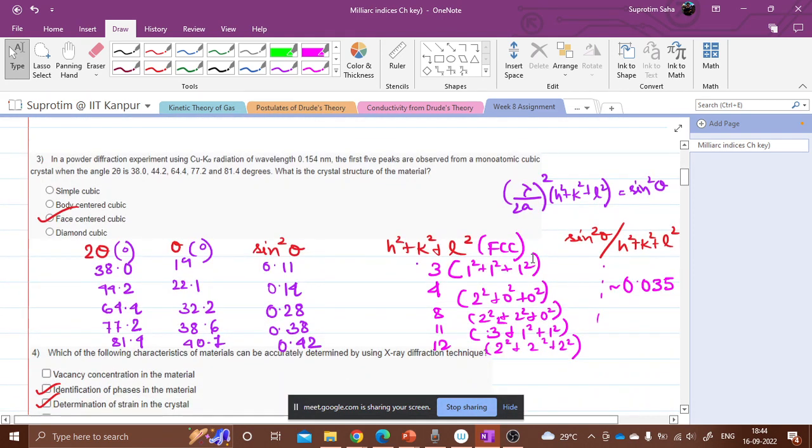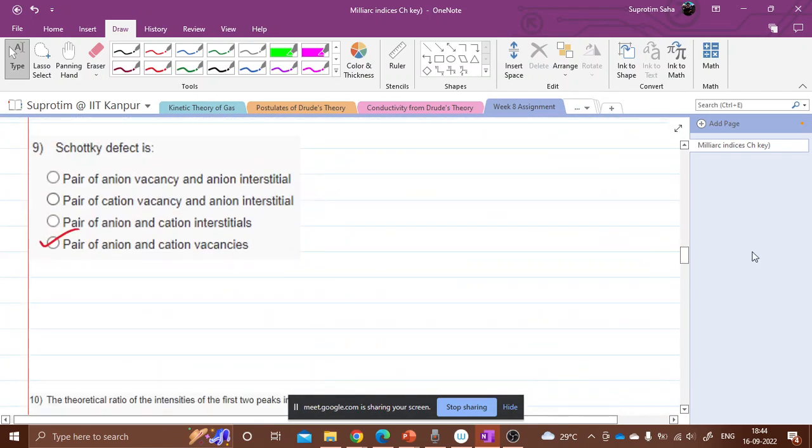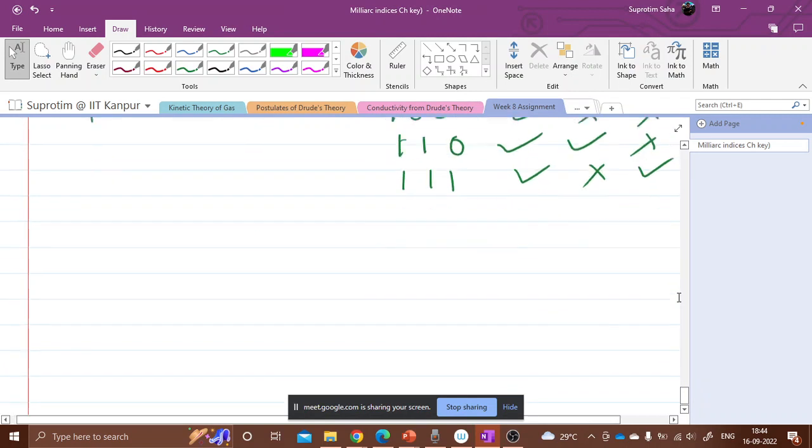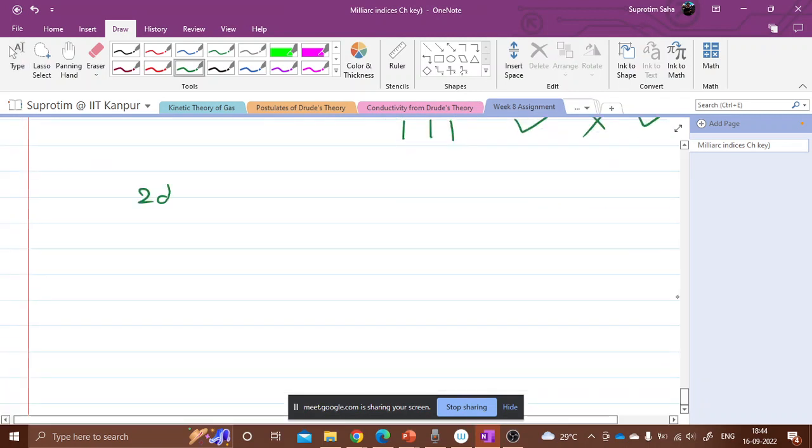in this case, not all HKL are allowed for BCC and FCC, but all are allowed for simple cubic. If you divide sine squared theta by h squared plus k squared plus l squared, all will not result in a constant ratio, right? This has to be constant. So basically you have the formula 2d sine theta equals n lambda.